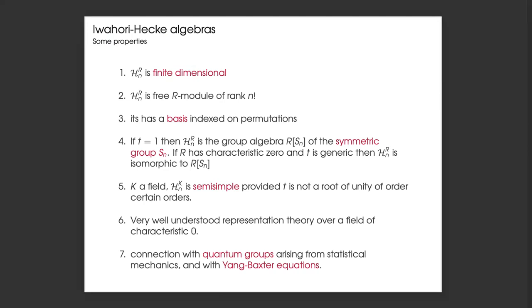Then when K is a field, we know that the Hecke algebras are semisimple, except for some values of T. Then, as we said, they have a very well understood representation theory over a field in characteristic 0. And there are a lot of other properties that I will not talk about, in connection with physics and the Yang-Baxter equations.